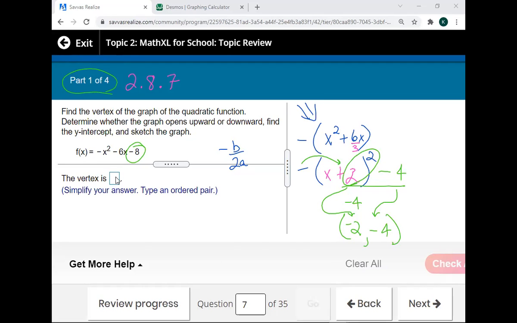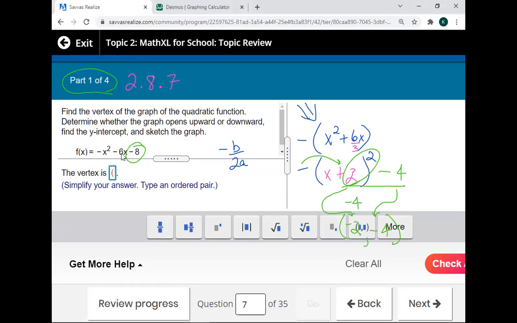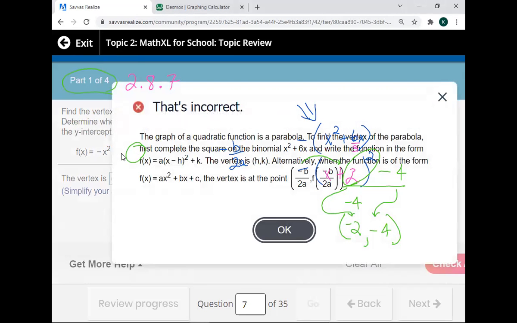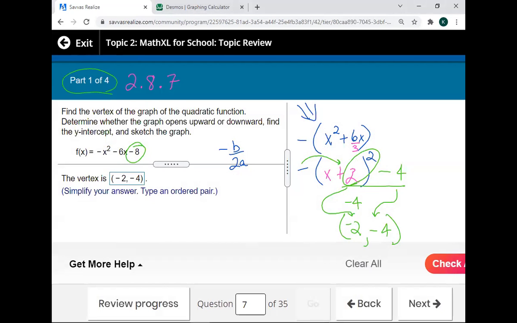Get in that box. Negative 2, negative 4, I believe it says. Let's see what we got. It says that's not right. And they recommend the other method.